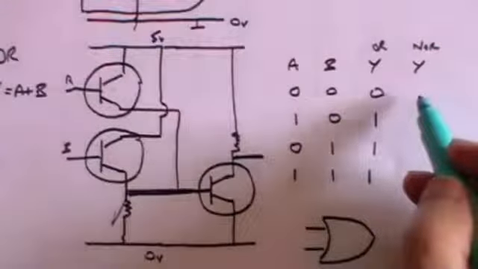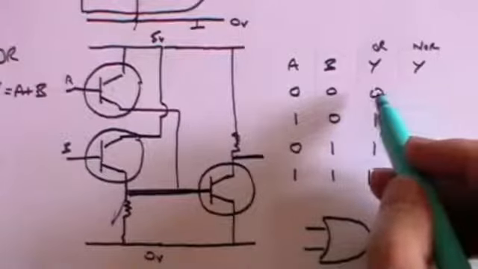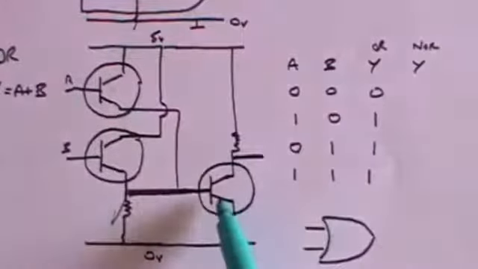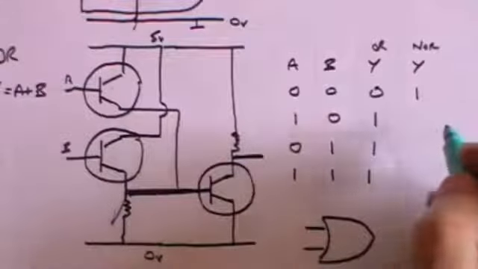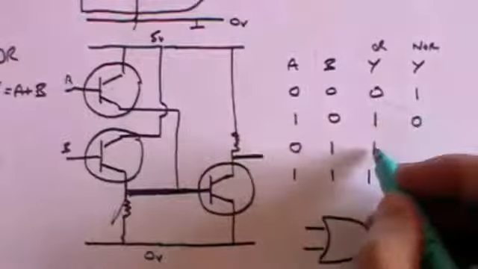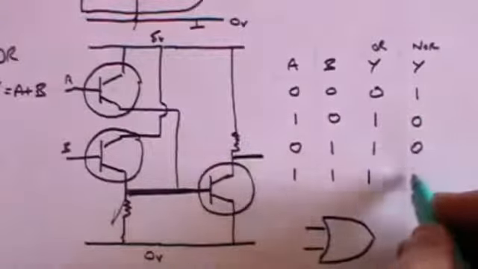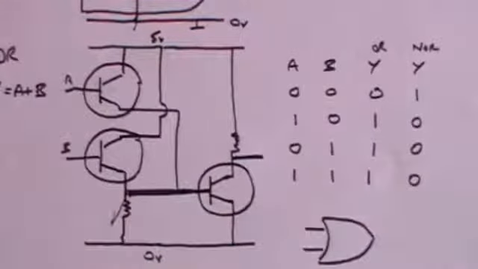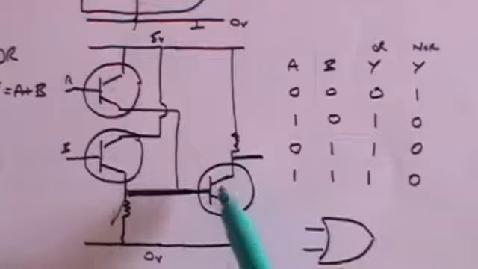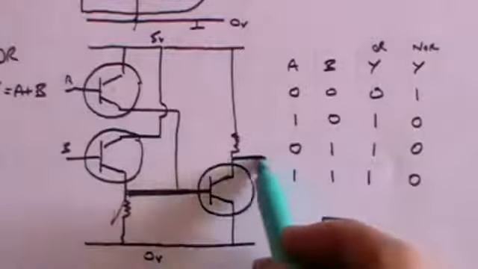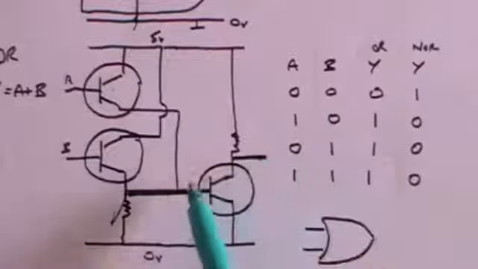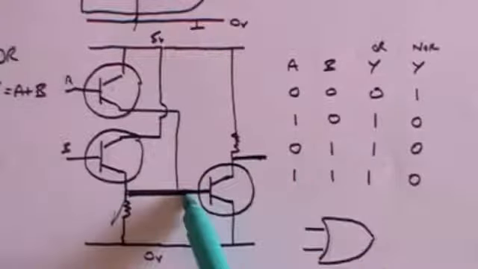Well, it will always be the opposite of whatever the OR gate is throwing out, because we're putting it through an inverter. So if it was 0 here, it'll be 1 here. If it was 1 here, it'll be 0. If it's 1 here, it'll be 0. If it's 1 here, it'll be 0. It's precisely the opposite of the OR gate, because we're putting it through an inverter and taking the output out here. And that output will be the opposite of the input.